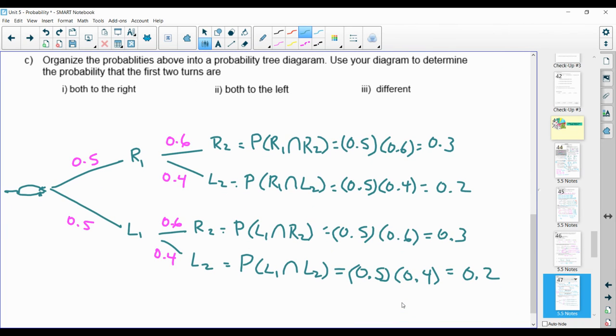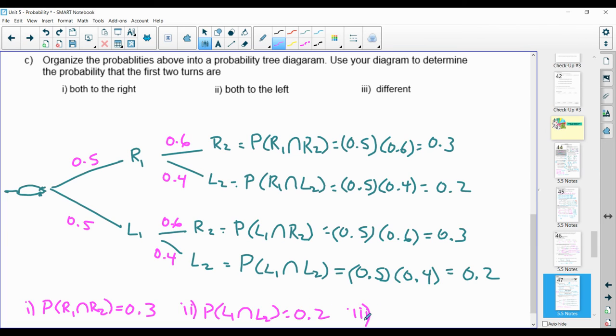So now we're going to look at our probabilities. What's the probability that both mice go to the right? So the probability of right and right again is 0.3. What's the probability that the mouse goes left twice? So the probability of left 1 and left 2 is 0.2.